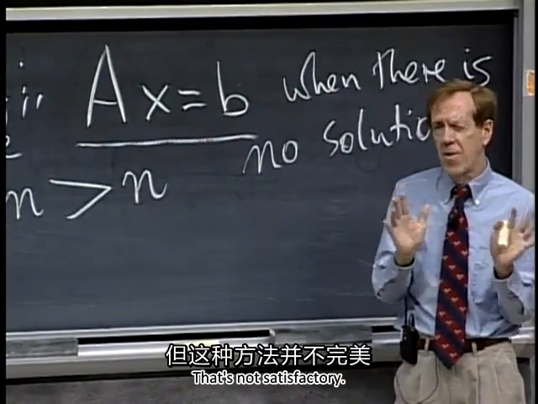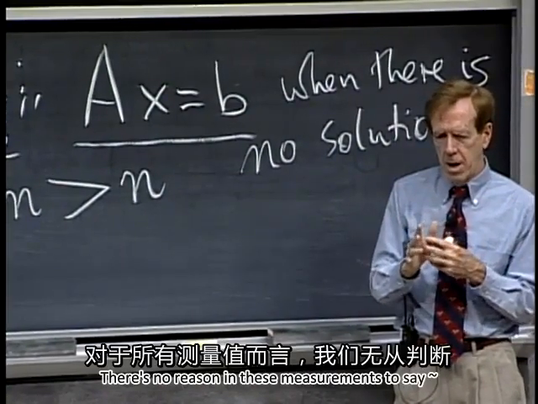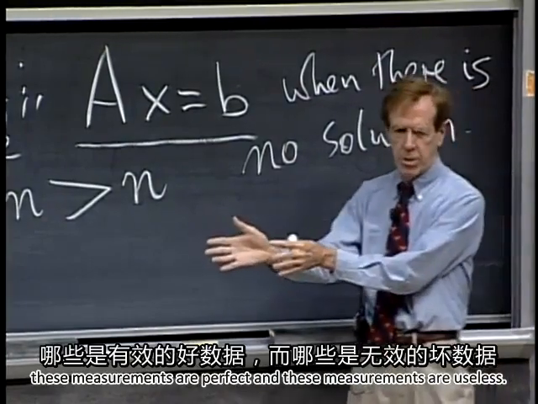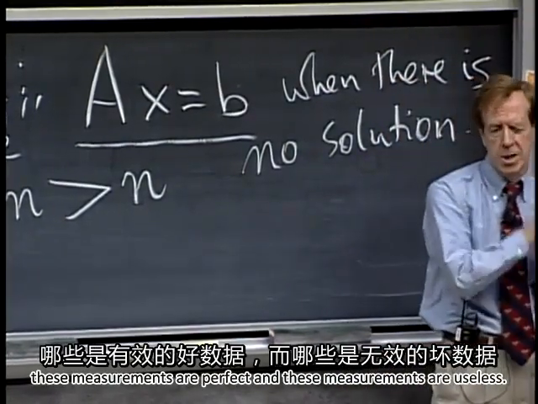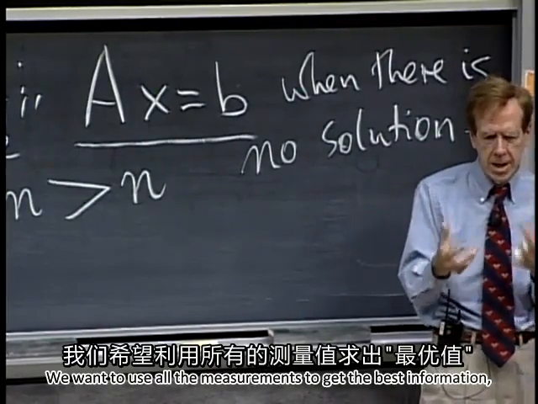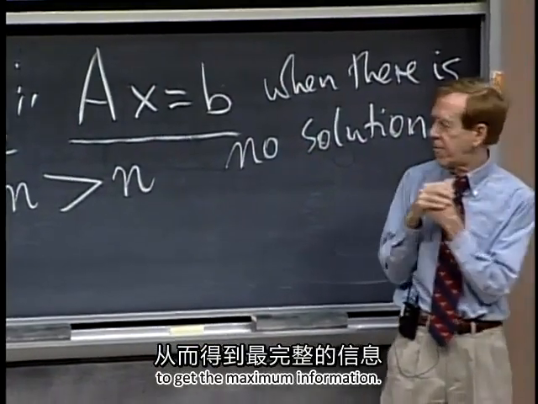That's not satisfactory. There's no reason in these measurements to say these measurements are perfect and these measurements are useless. We want to use all the measurements to get the best information, to get the maximum information.